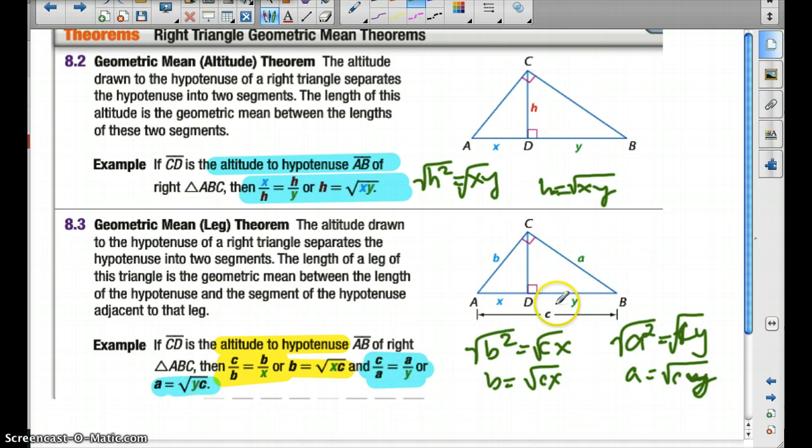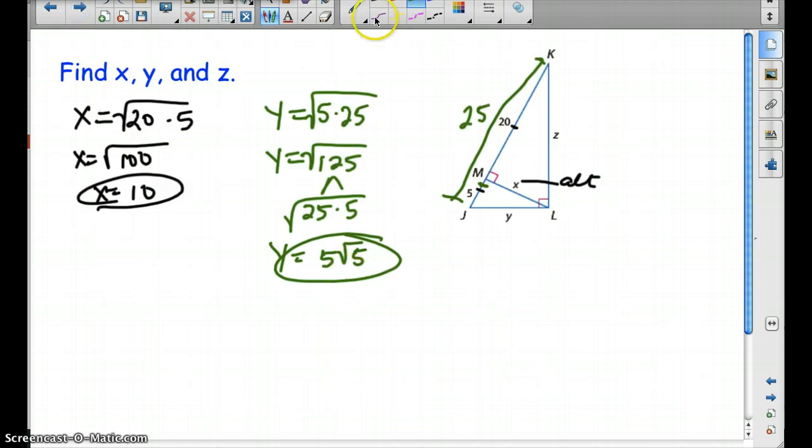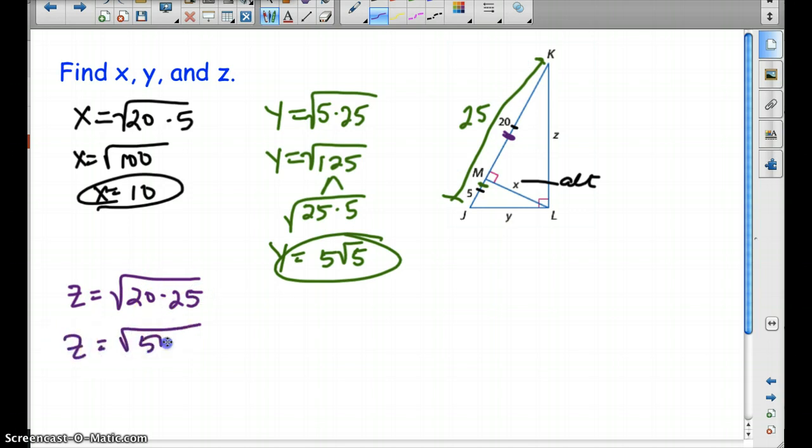That's going to be the square root of my long leg, 20, times c, 25. 20 times 25 is 500.